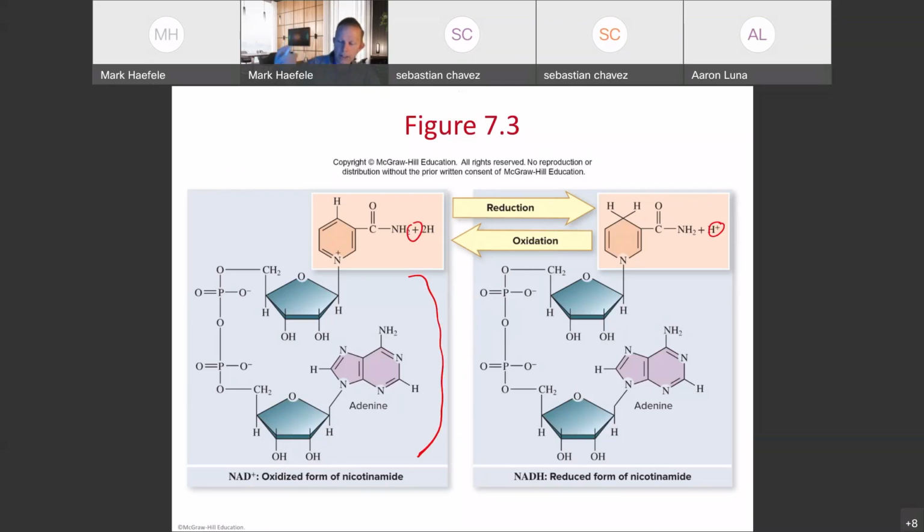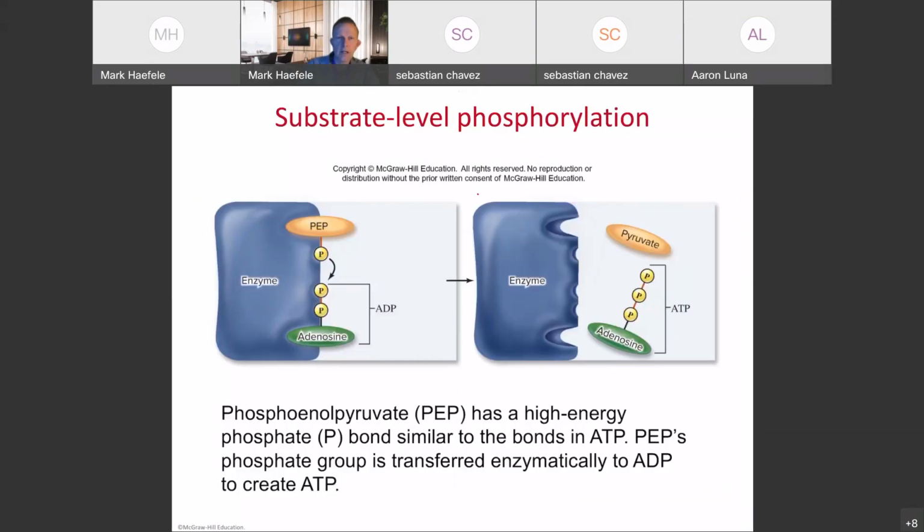Because you lose that hydrogen, and that's associated with 2 electrons. Notice the positive charge on your nitrogen disappears, and that's basically where you get your NADH. This is just for the sake of completeness. It's not for the exam. I'm not going to grind you through the structure of NAD plus and NADH. That's just to fill out the story.